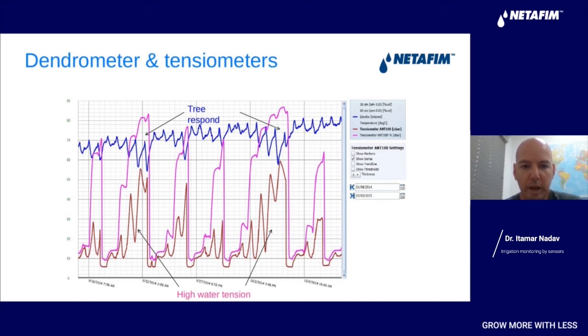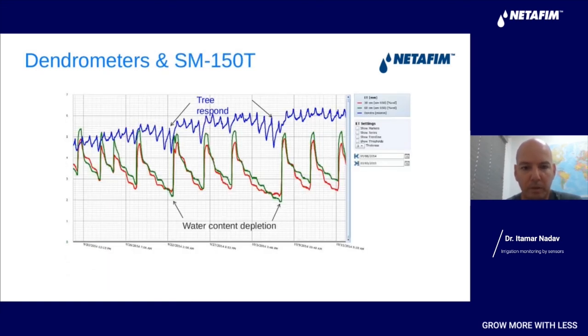And you can see that every time that there's some kind of stress in the soil, the tree responded accordingly. You can see that also with water content sensors, every time that the soil water content is decreasing, the plant is responding with higher MDS. And every time we irrigate and the water content is increasing, the MDS is back to normal values.